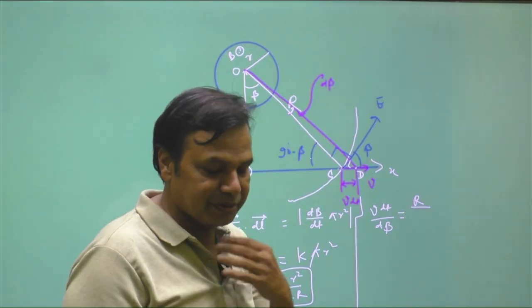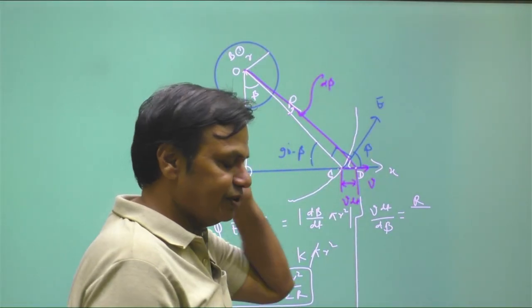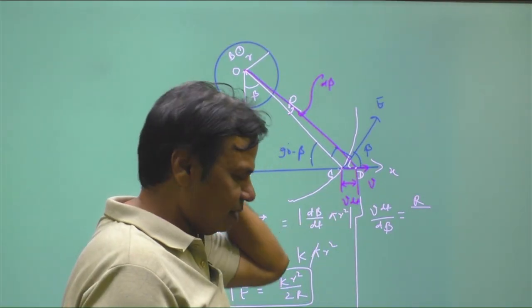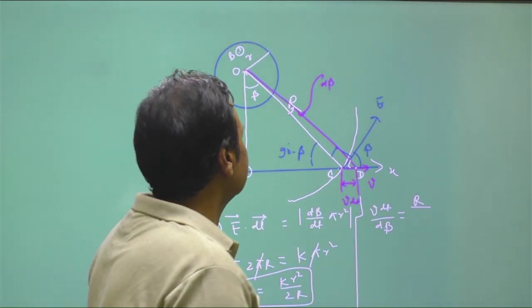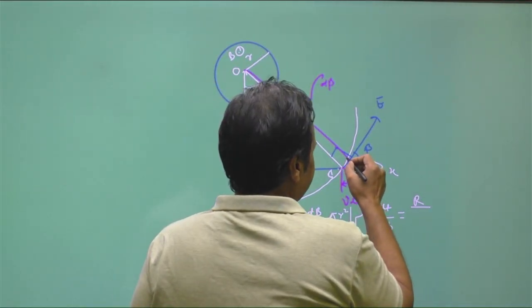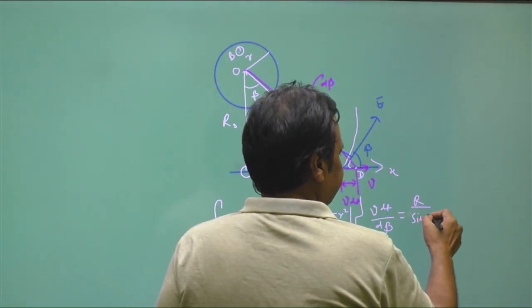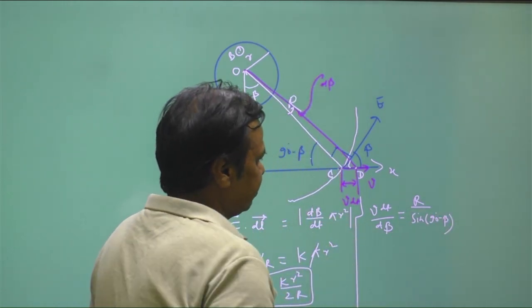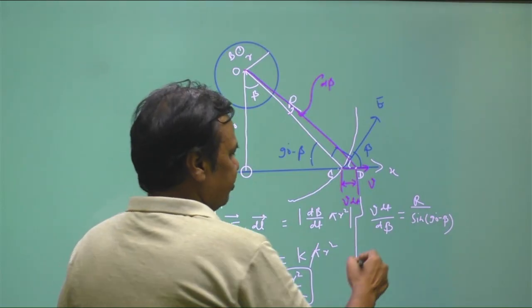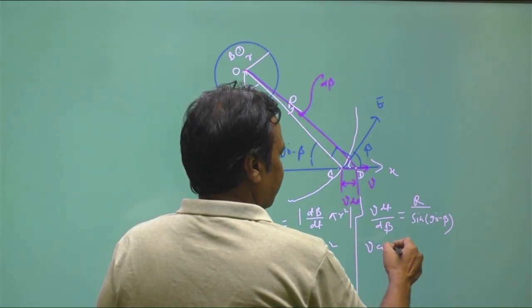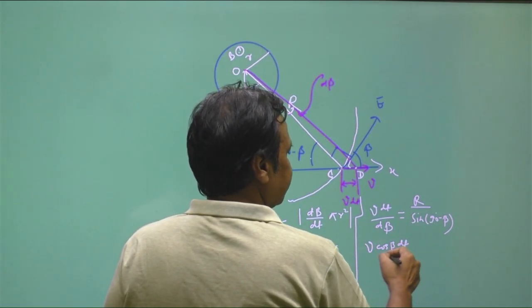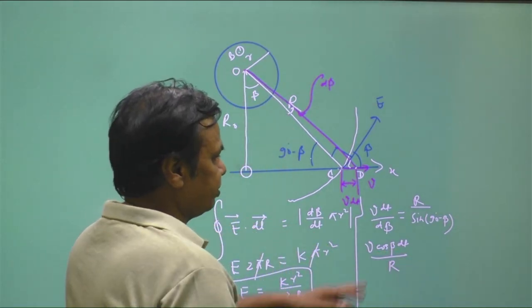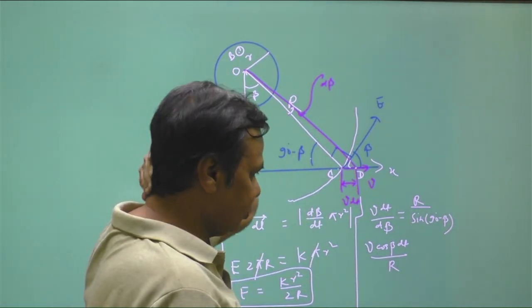This angle is 90 minus beta, so I can write here sine 90 minus beta.